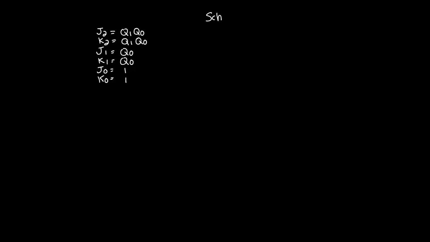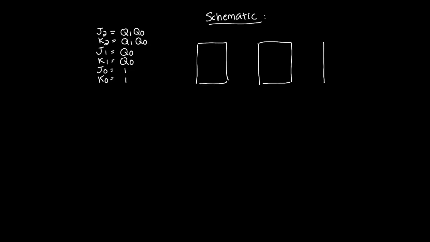It works roughly the same way that it did for D flip-flops. So I'm going to put, I need 3 flip-flops, and they're JK type. I don't really care what kind of edge triggering I have.